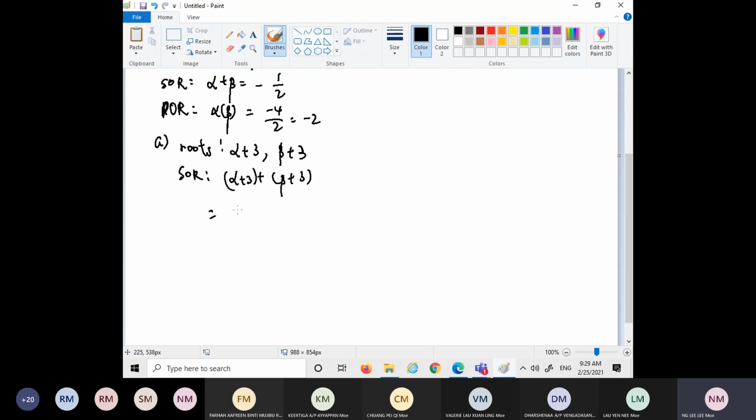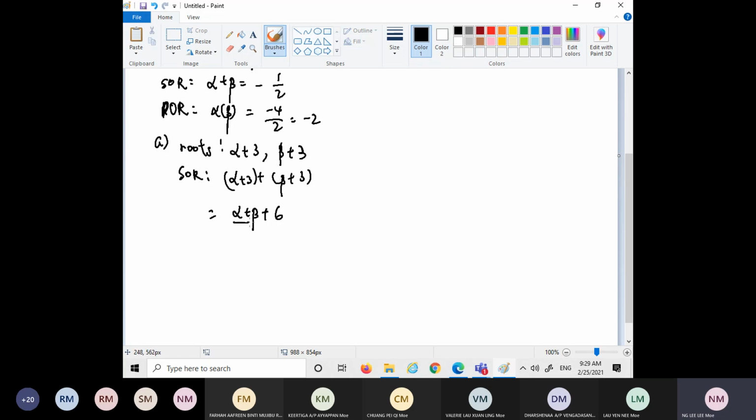So it will become what? I have to rearrange it because I have alpha plus beta, so that alpha plus beta stay together. Then 3 plus 3 is 6.